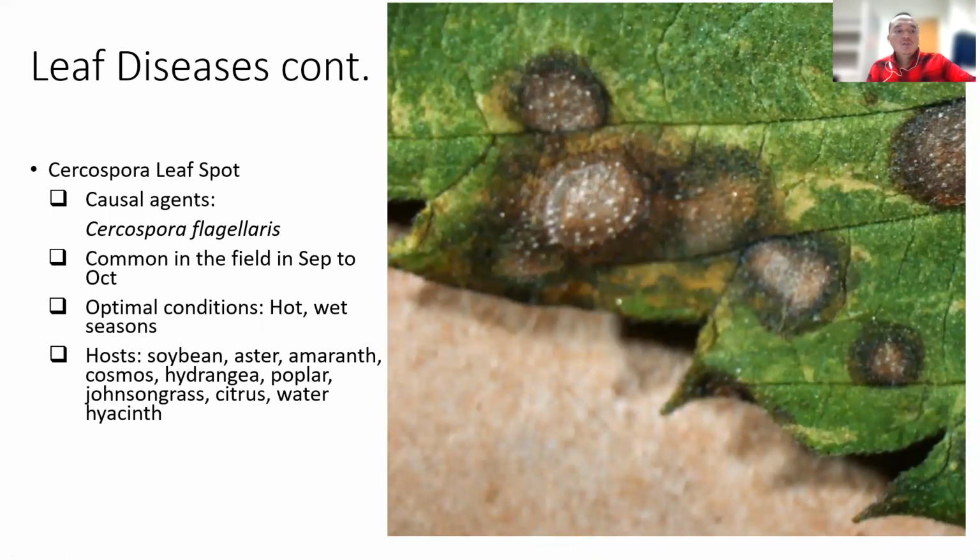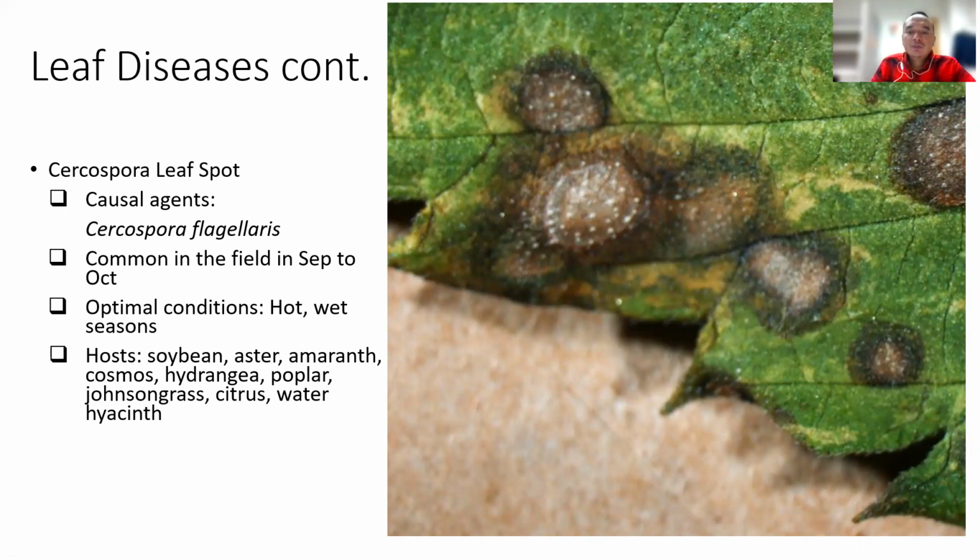Next is Cercospora leaf spot. This disease is caused by Cercospora flagellaris. Symptom of this disease can be asymmetrical spots on the leaf, like you can see in this picture.